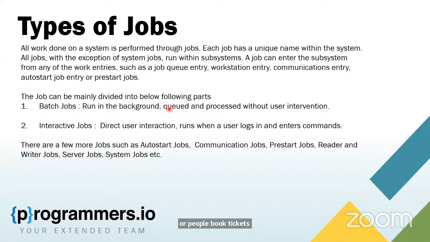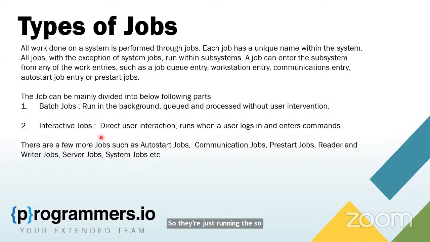But at the end of the day, in the night or some other time, when everyone has shut down their display screens and gone home, all this data is taken together and processed. So this kind of process without any manual intervention is called batch jobs. So that is one type of job.